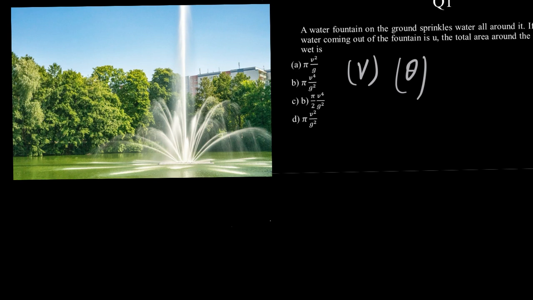So the water is coming out at many possible angles. What do we mean by that? Say for instance, this is the point where the water is coming out, and it is constantly coming with a constant speed of v meter per second. Now if you observe this trajectory here, this is coming at one angle, say theta 1.